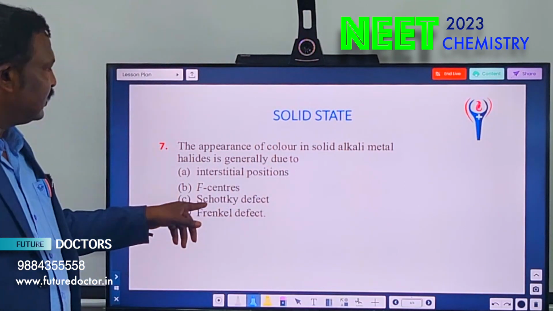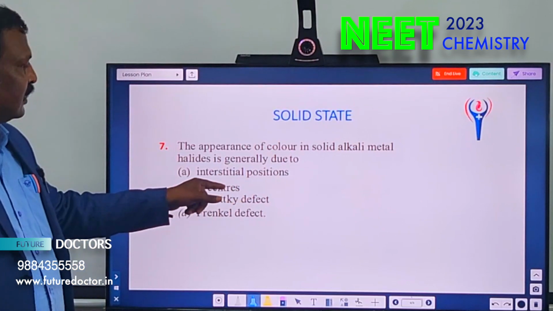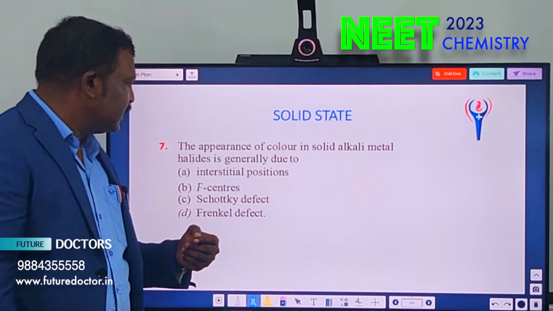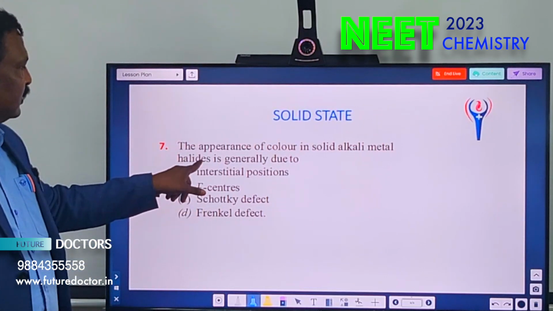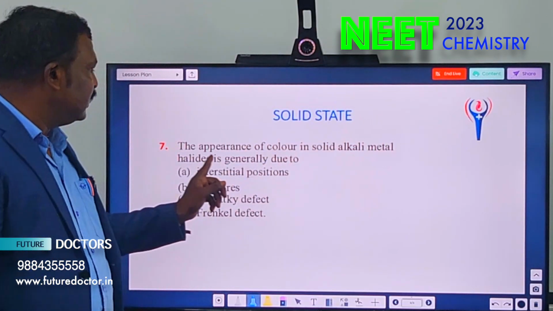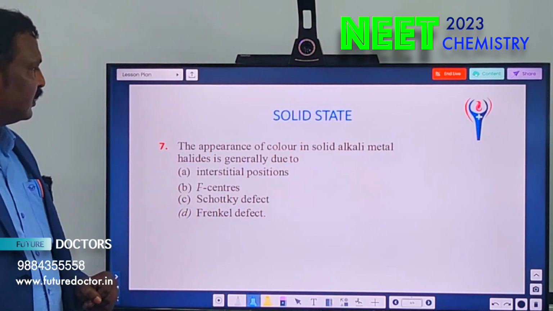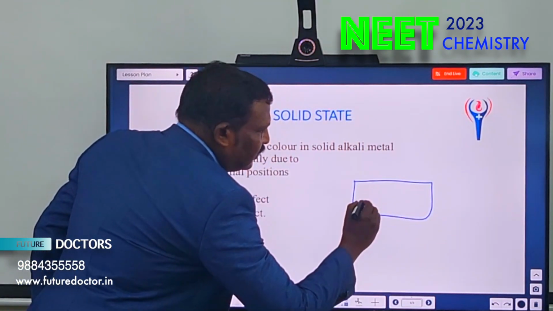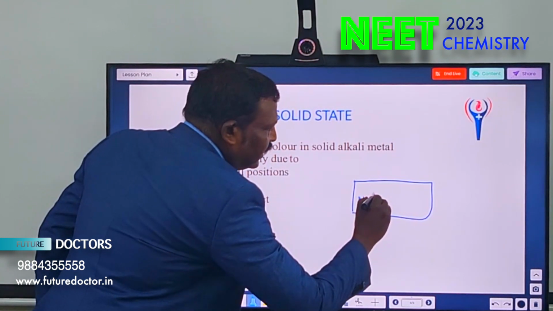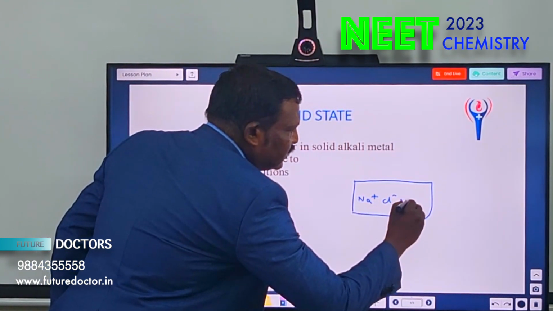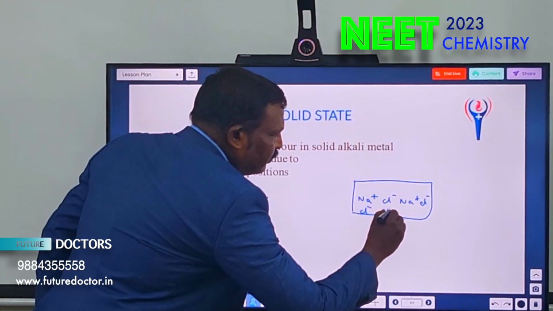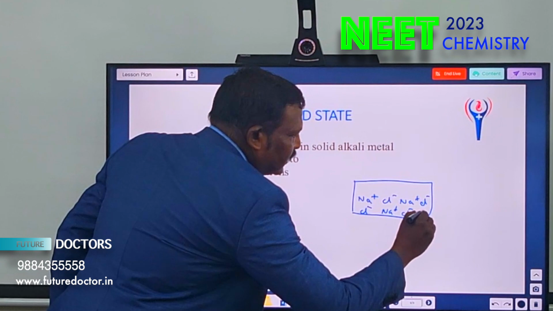In metal excess defect, the defect is due to excess cation. Suppose you take sodium chloride in a vessel, Na plus Cl minus, Cl minus Na plus.